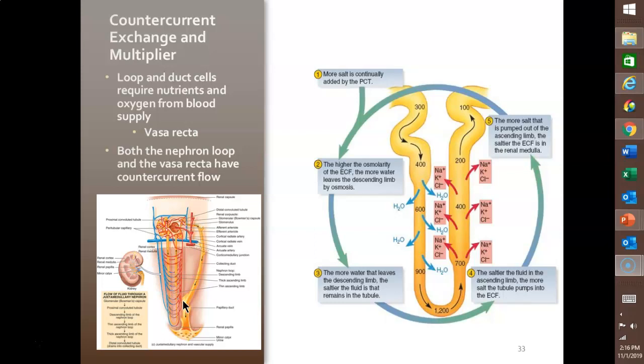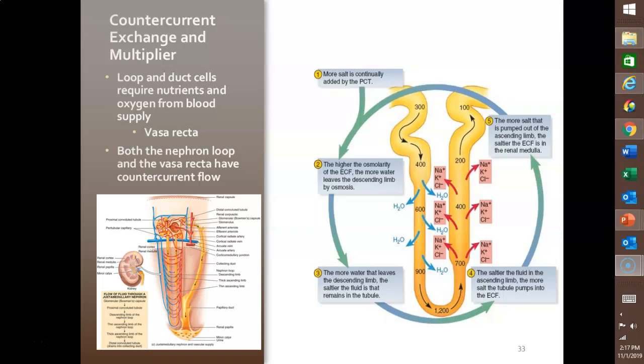Okay, so when that nephron loop dipping way down deep into the medulla has filtrate going down the descending limb of the loop of Henle and then turning to go back up the ascending limb, you've got two parallel tubes with fluid flowing in one direction and then the opposite direction, down and up.